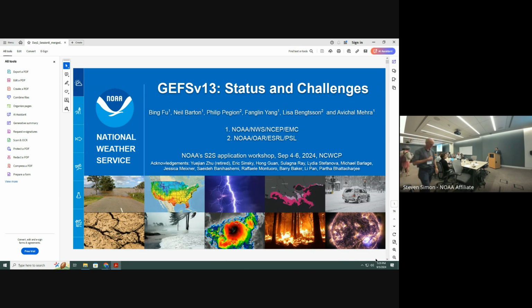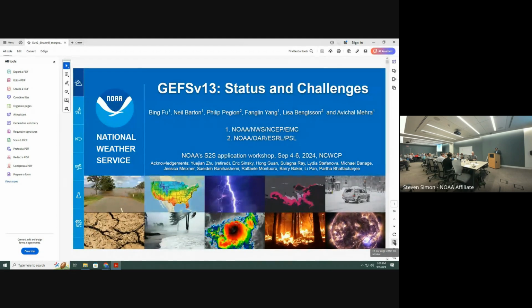So this session will be focused on the GEFSv13 version developments and its current status, and how the main stakeholders within NOAA and external to NOAA plan to use it.